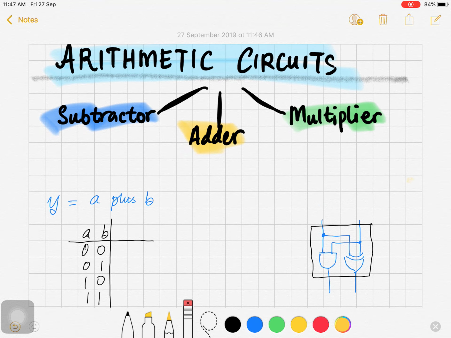So now we are going to focus on the digital circuits design for the three arithmetic operations, namely the addition that corresponds to adder, subtractor that corresponds to subtraction, and multiplier that corresponds to multiplication.